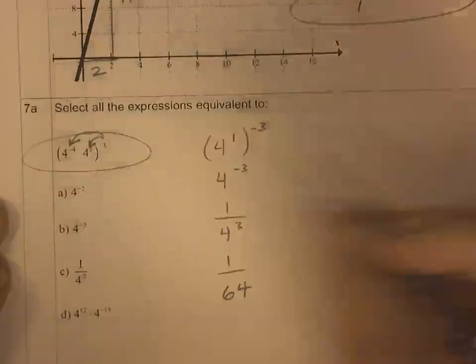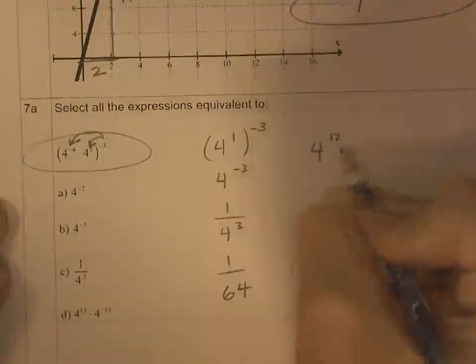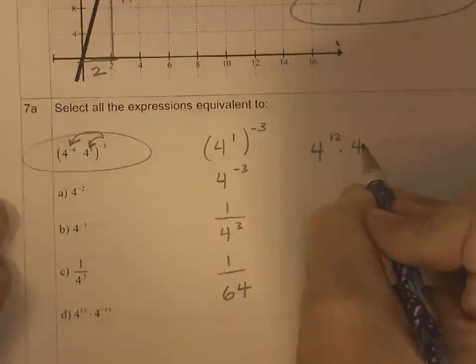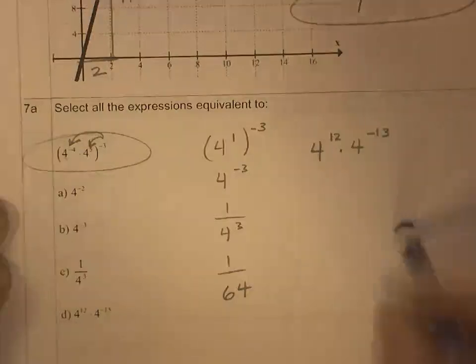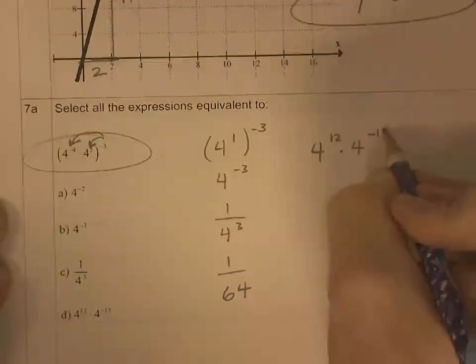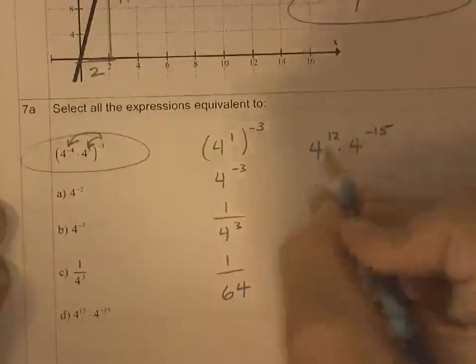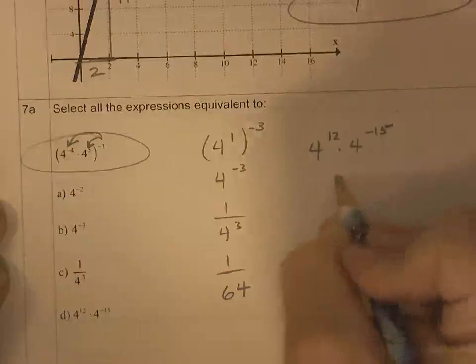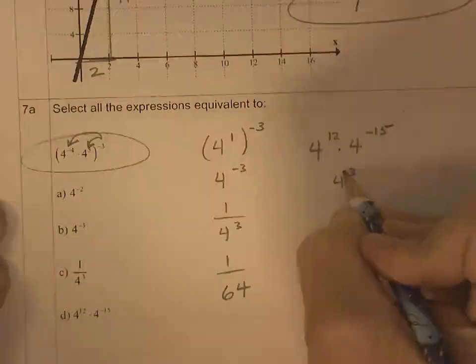It's not distribution, but it looks like it. That would give me 4 to the 12th times 4 to the negative 15. This becomes base add 4 to the negative 3, and then I'm right back there, 4 to the negative 3.